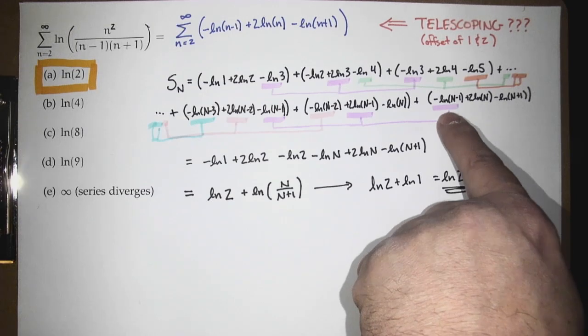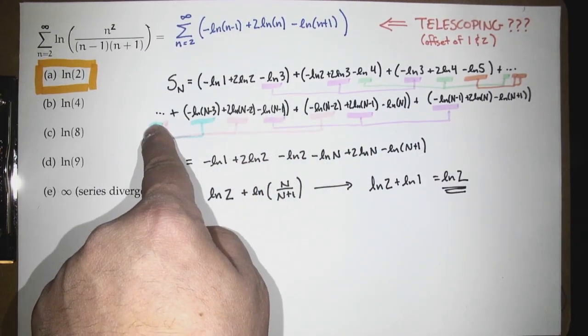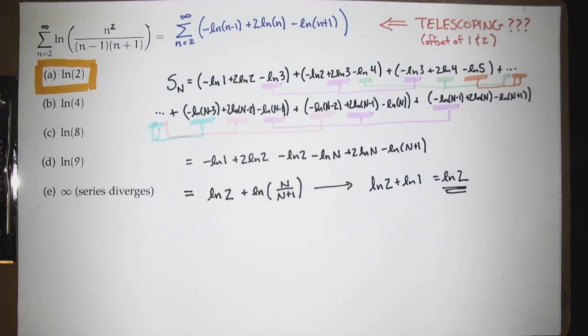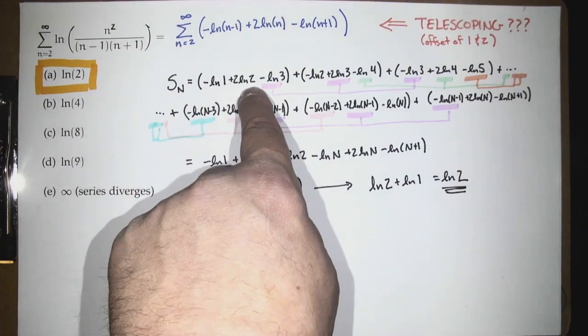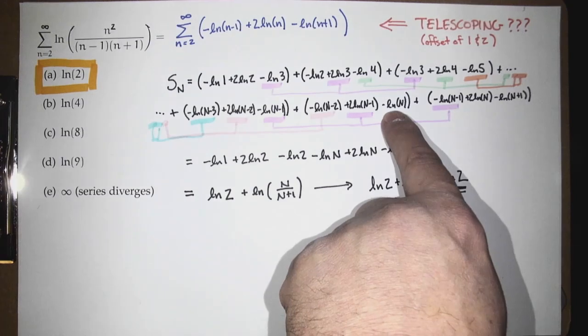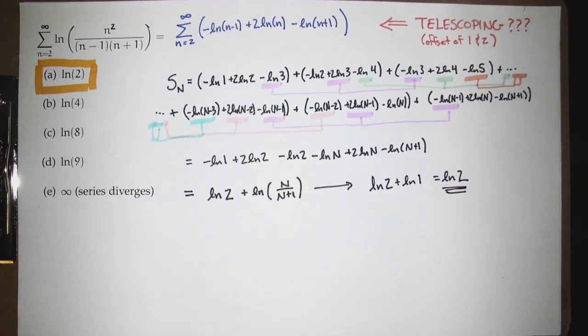Namely, if you look at the n minus 1, those cancel out. N minus 2 will cancel out, going into the dot, dot, dots. Then minus 3 cancels out, going into the dot, dot, dots. And so we say, what's left? Well, there'll be some stuff from the beginning: minus log 1 plus 2 log 2 minus log 2. And some stuff at the end: minus log n plus 2 log n minus log n plus 1.